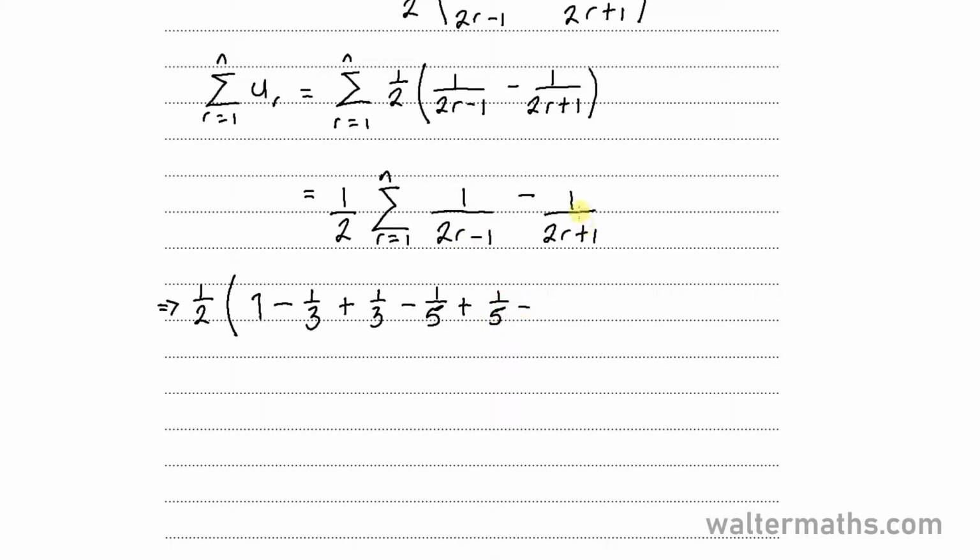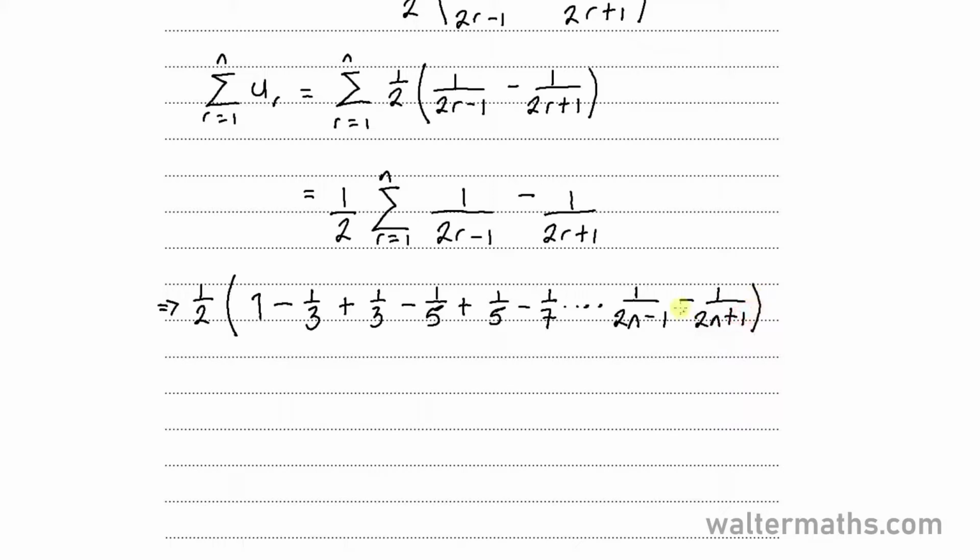And it's minus 1 over 2 of 3 plus 1, which is 1 over 7. So the terms will continue to go until we reach the last term. That's when r is equal to n. And if r is equal to n, we'll be having 1 over 2n minus 1 minus 1 over 2n plus 1.